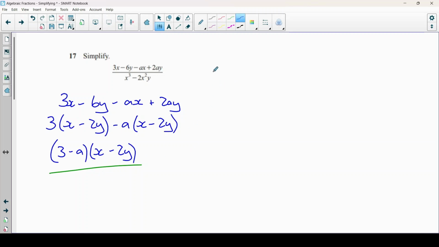We've got x cubed minus 2x squared y. I think that's just a single bracket, so let's take x squared out and we get x minus 2y, which is kind of reassuring because that's the same as that other factor there. Let's put it back into a fraction.